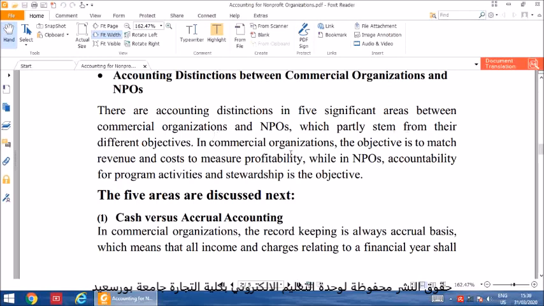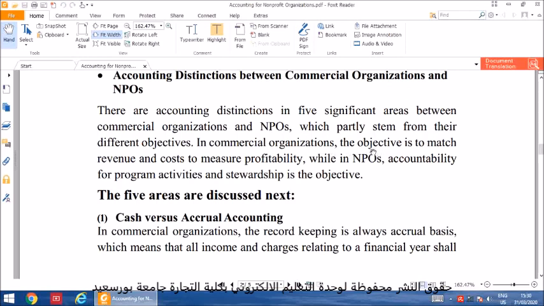In commercial organizations, the objective is to match revenue and the cost to measure profitability. While in NPO, accountability for program activities and stewardship is the objective.